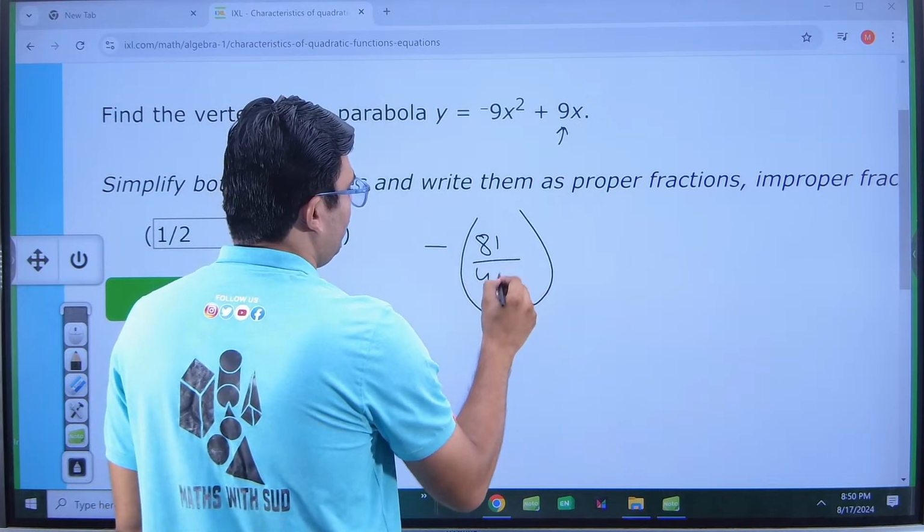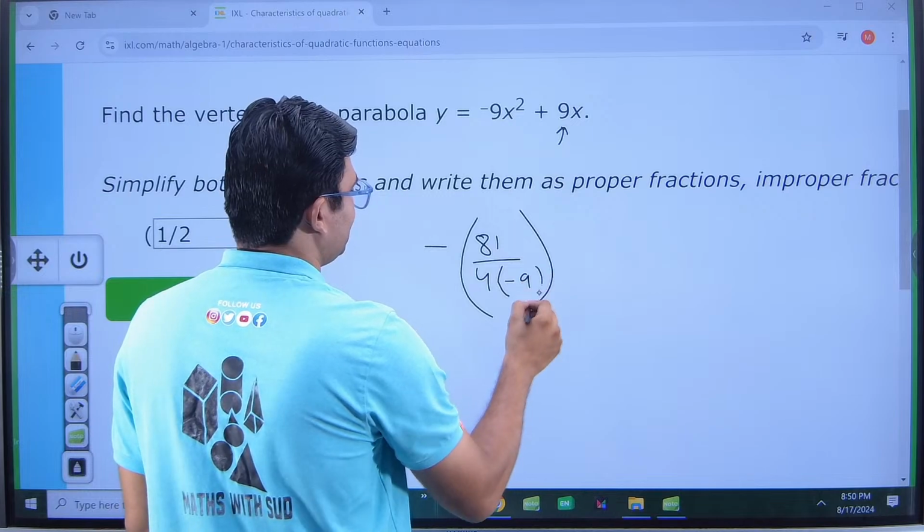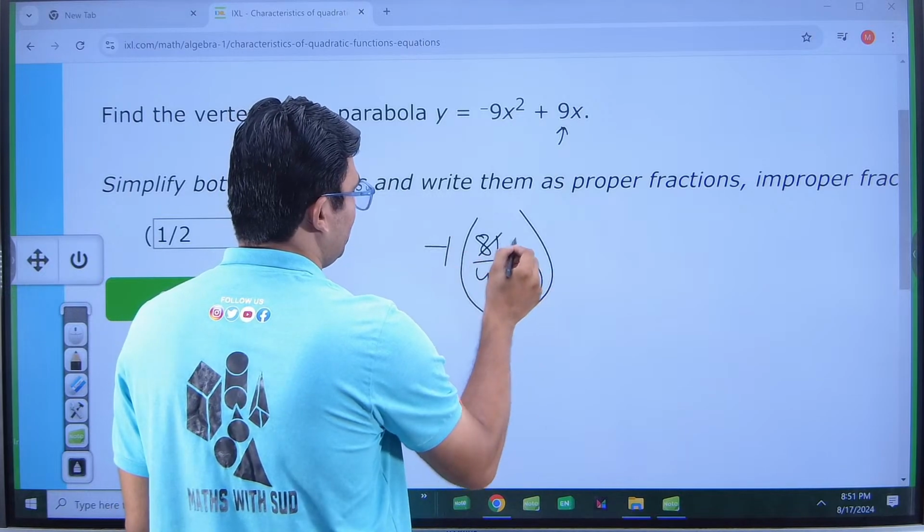Divided by 4 into a, which is going to be minus 9. So minus and minus will get cancelled out, 9 and 9.